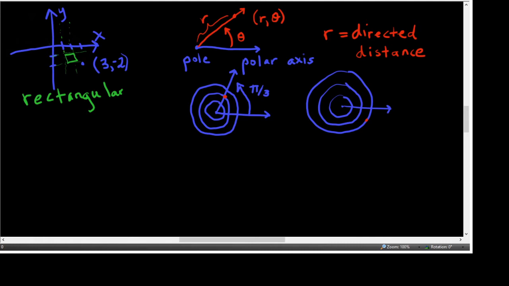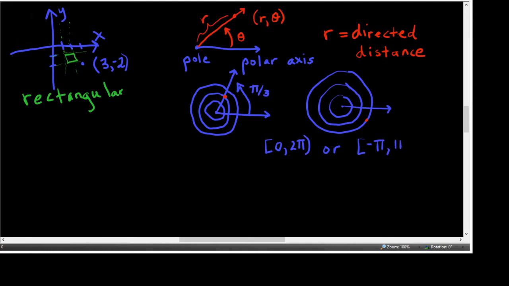gone out 3. Those are 2 good answers that we might want to focus on, because a lot of times, because there are infinitely many different ways we could represent that point, we usually want to stay with 1 of 2 systems, either from 0 to 2 pi, so all of the angles we could use there would be restricted to the positive ones, or go from -pi to pi.